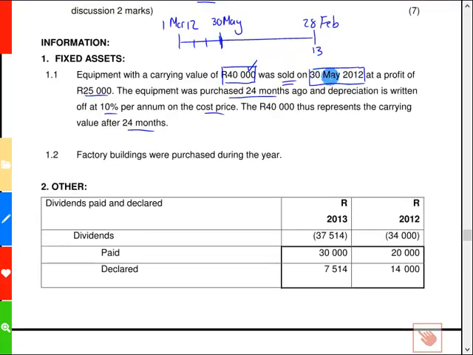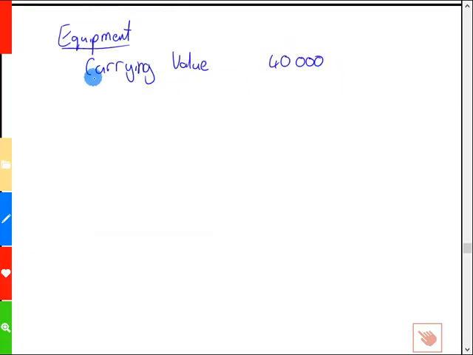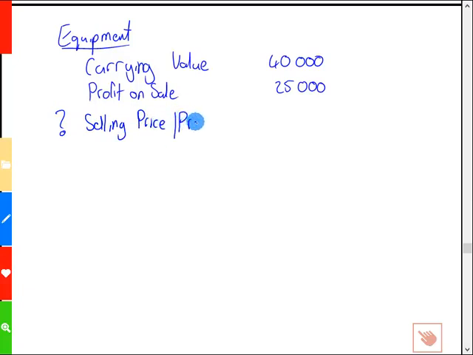It was sold at a profit of 25,000 Rand. Profit on sale is 25,000 Rand. So how much did we sell this asset for? The question is, what is the selling price or the proceeds? How much did we actually sell it for? See if you can work that out.